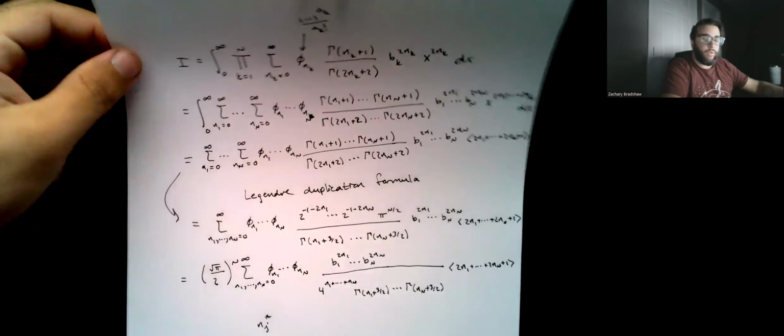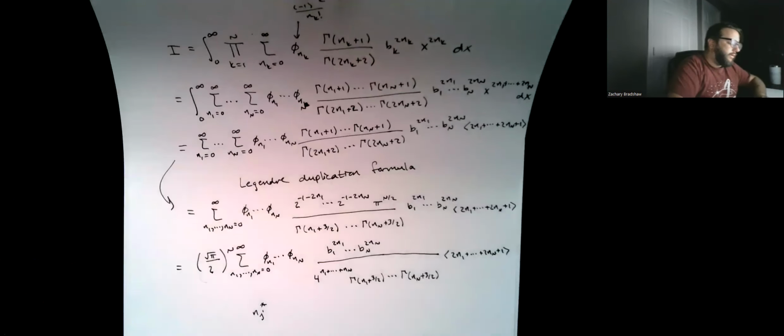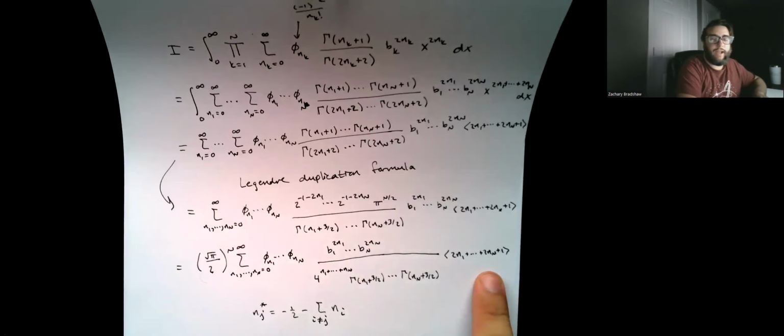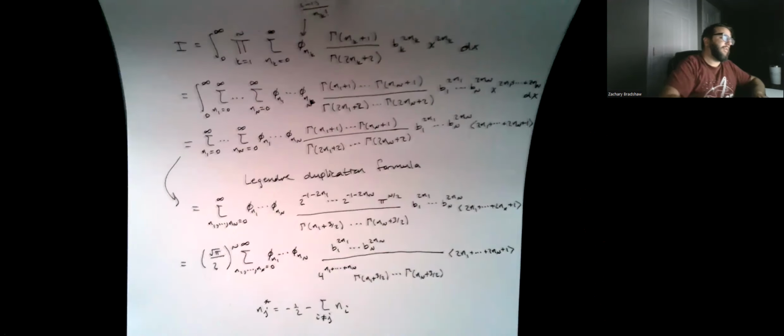This is the one I'm going to solve for. So what I find is that nj star is equal to minus 1/2 minus the sum over i not equal to this j in I. How do I get this? I get this from the vanishing of the bracket, right? I set this thing equal to 0 and I solve for nj star.